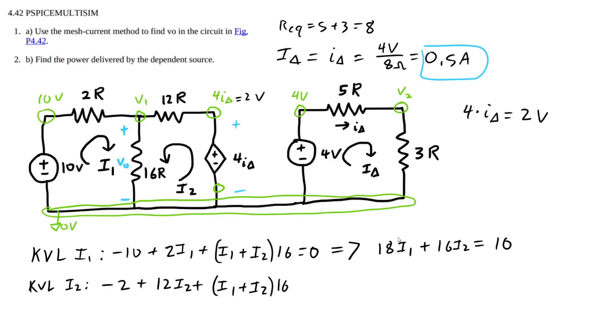There's 16, and then the loop is closed at the bottom node. So let's go ahead and simplify this expression. There's 16I1 plus 16 plus 12 is 28 I2. And then negative 2, move it over to the other side, equals 2. So we have 2 equations, 2 unknowns.